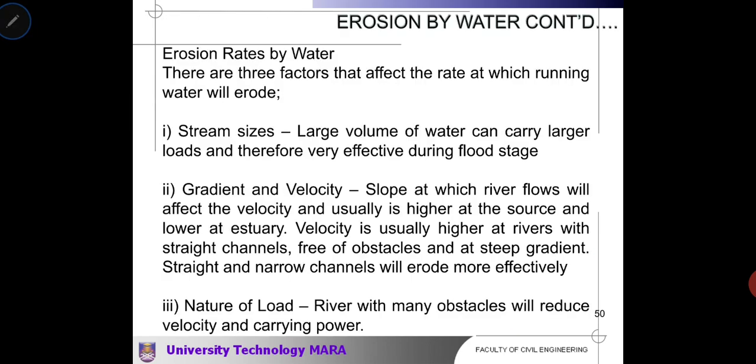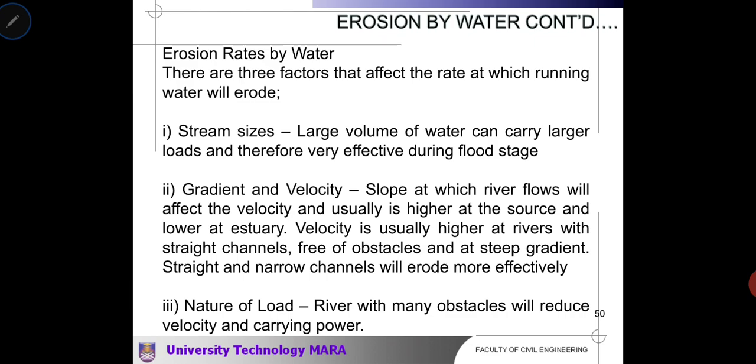So, of course, we have the erosion rates by water. There are three factors that affect the rate at which running water will erode. Number one, stream size. A large volume of water can carry larger loads and is therefore very effective during flood stage. Number two, gradient and velocity.